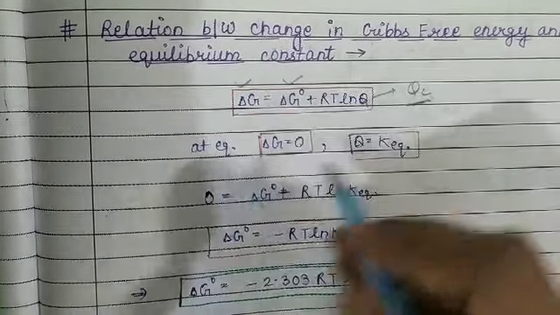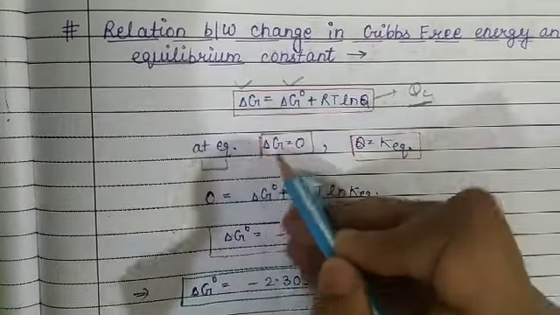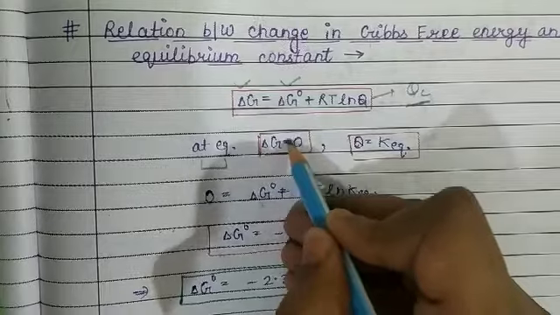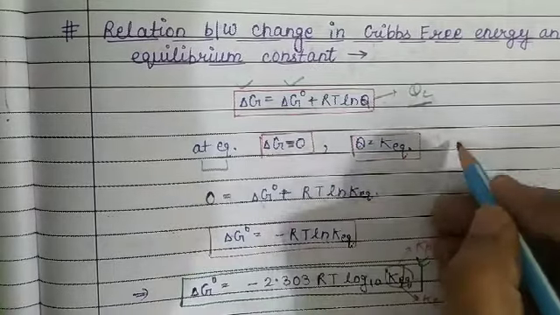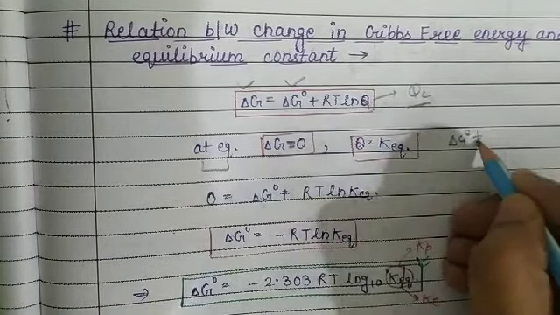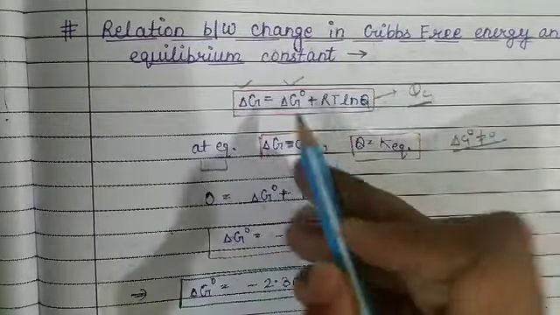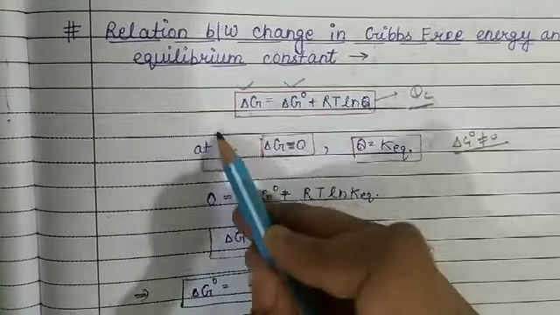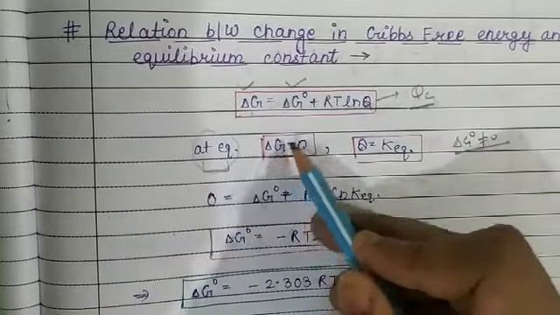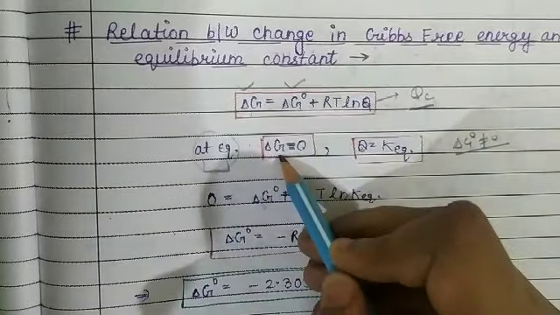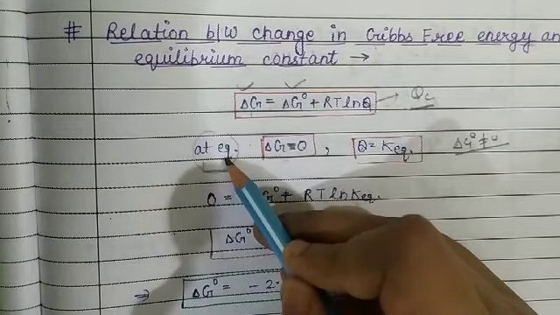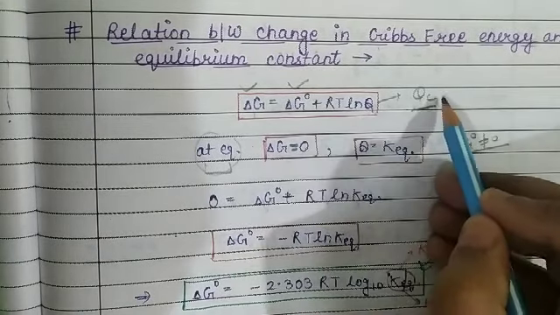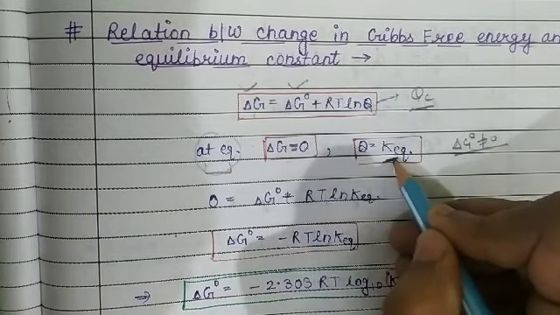And we know the condition at equilibrium: delta G is 0. Please remember one thing, at equilibrium delta G is 0, delta G naught is not equal to 0. At equilibrium the concentration quotient Qc becomes equal to the equilibrium constant Kc.